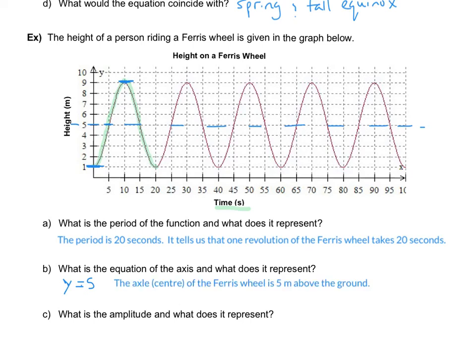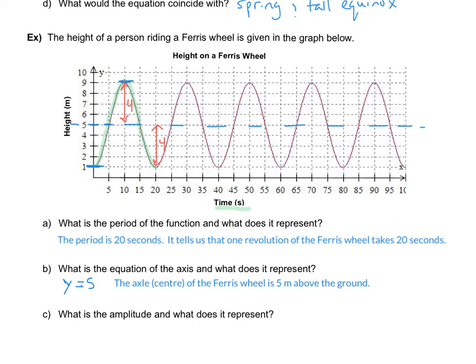And then what is the amplitude and what does it represent? So we need that vertical distance between the axis of the curve and the max, or the vertical distance between the axis of the curve and the min, or half of the total height between those two things. So if I go from 5 up to 9, that's a difference of 4 units, or if I'm at 1 and go up to 5, again, that's 4 units.